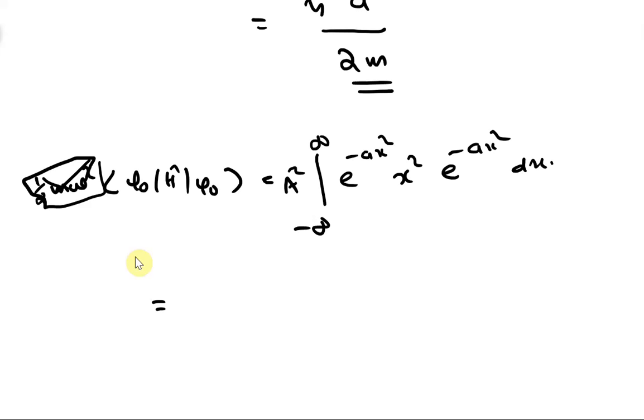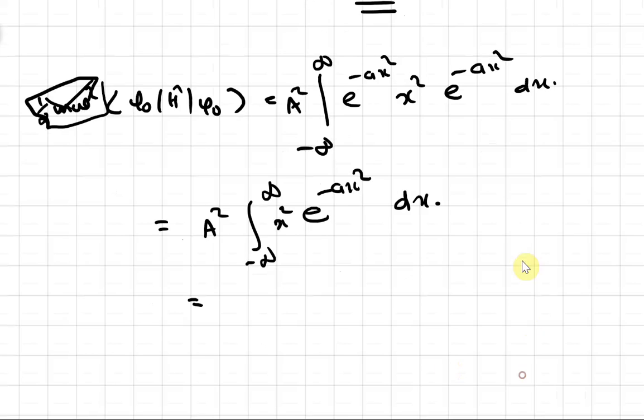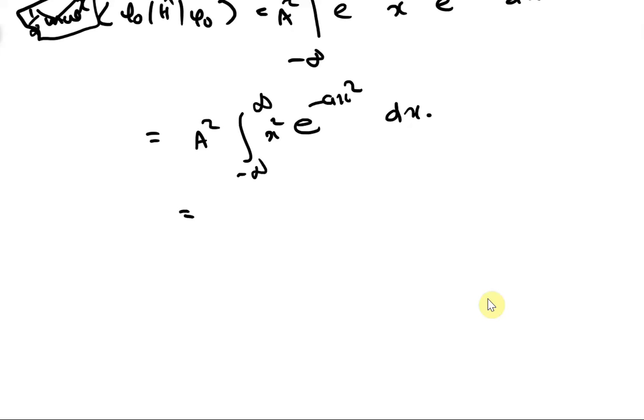You can sum, there is no problem of ordering here. You will be having a square, integral from minus infinity to infinity of e raised to minus a x square, x square dx. Again from the previous formula we will get 2a, something like square root of pi by a.